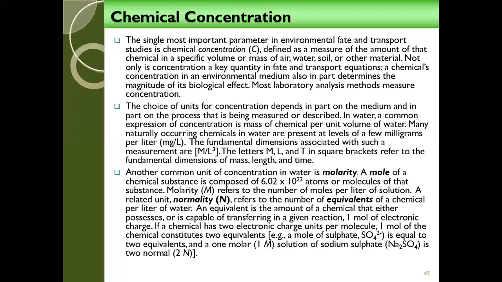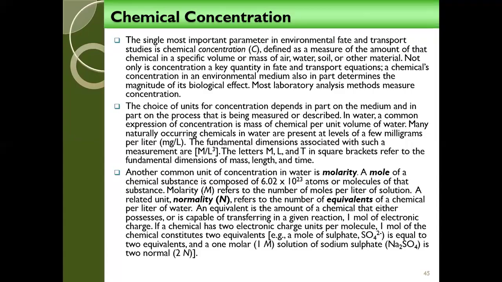If it is air, to be cubic, and so on and so forth. So the single most important parameter in environmental fate and transport studies is chemical concentration. And like I said, it is defined as a measure of the amount of that chemical in a specific volume or mass of air, water, soil, or other materials.